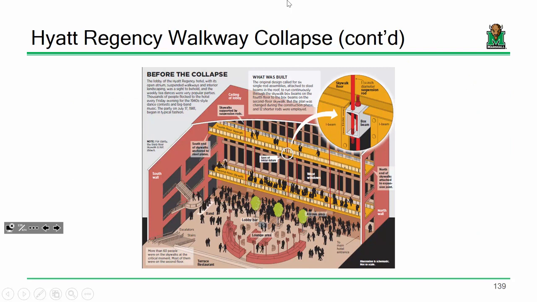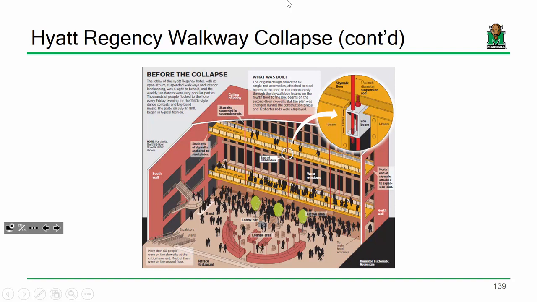So let me set the stage for what happened. This is a picture showing what it was like before the collapse. Like I said, this failure took place within the Hyatt Regency in Kansas City. So this is a pretty big hotel in a pretty major urban area. If you've ever been to a big hotel in a big city on a Friday night, it's a party just about all the time.